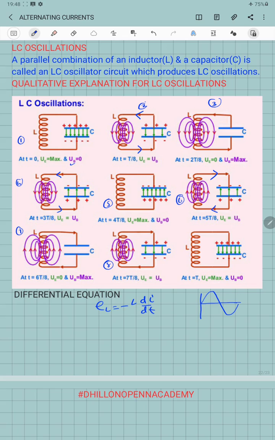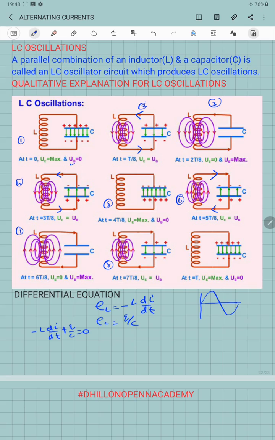The potential difference across the capacitor at the same instant is equal to Q by C. And according to Kirchhoff's voltage law, the sum total of the potential in a closed part of the circuit must be equal to 0. This means that minus L into di by dt plus Q by C must be equal to 0.